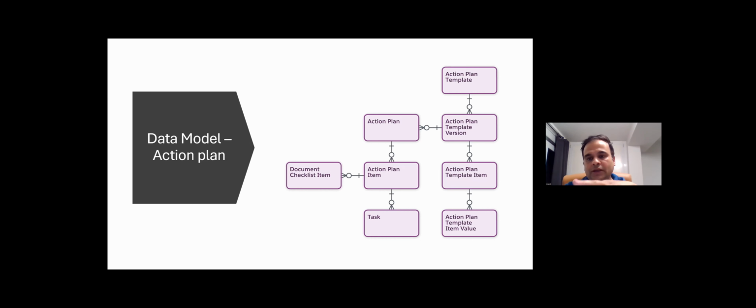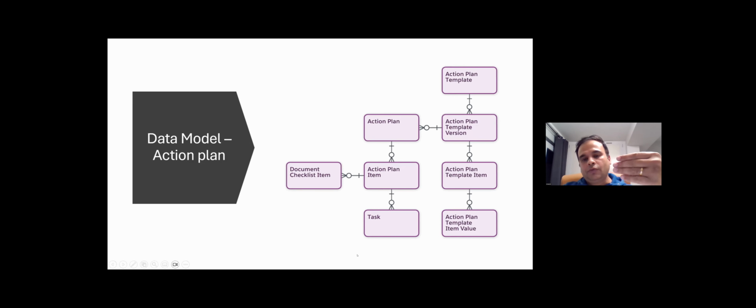So here you see an action plan template has multiple action plan versions. The activated version, or the version which you want to use, will have the linked action plan, and this action plan will have action plan items. This action plan item can be linked either to a task or to a document checklist item. These two standard objects come from the industry cloud, and you can link either to an action plan item depending on the type of action plan template you have configured.